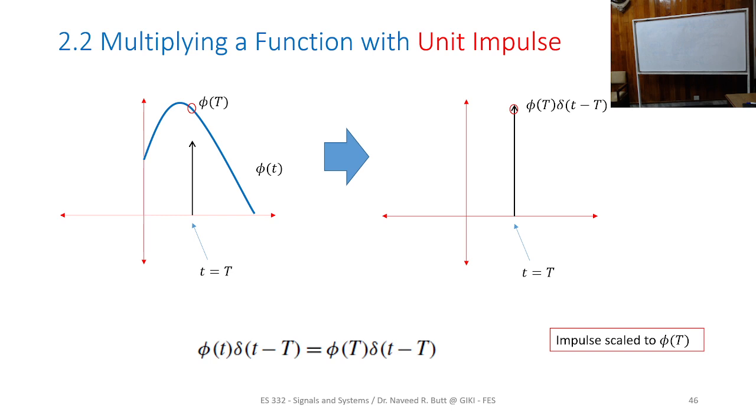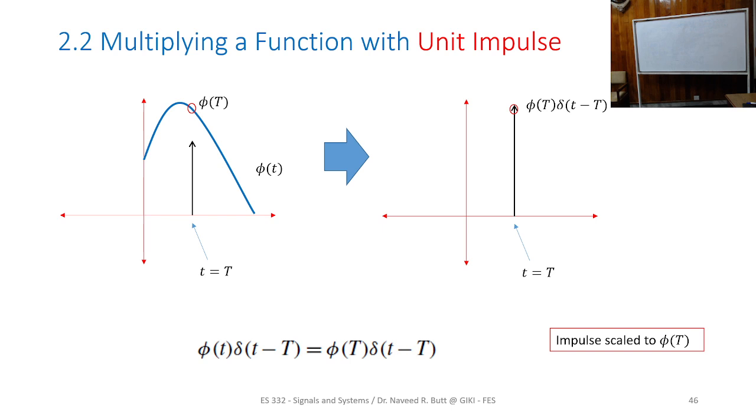Phi capital T, is it a function or a value? It will be a constant value, yes. So what is the function on the right? It's a delta function, and two operations have happened to that delta function. It's shifted in time, like before, by T, and it has been scaled.